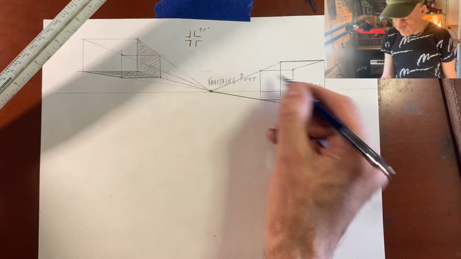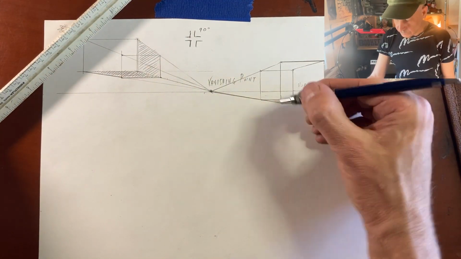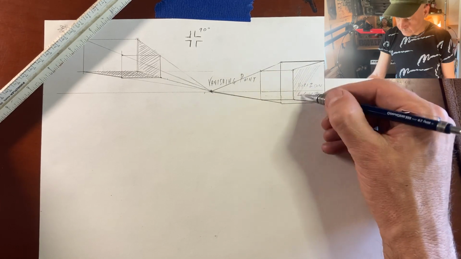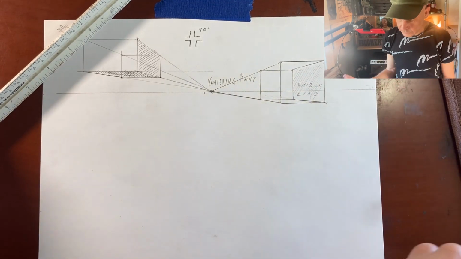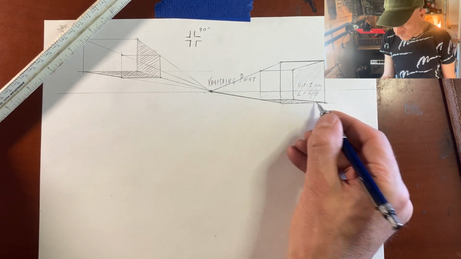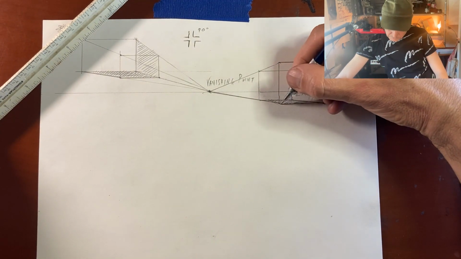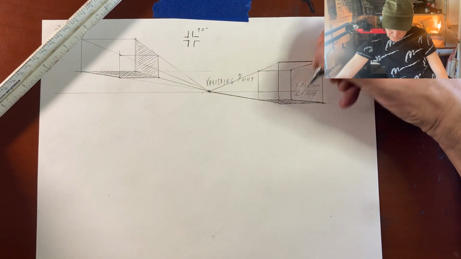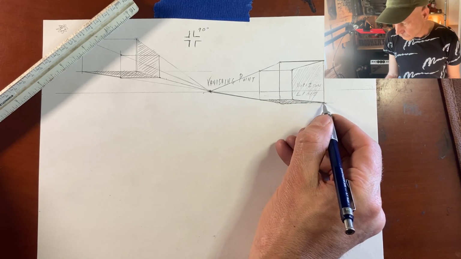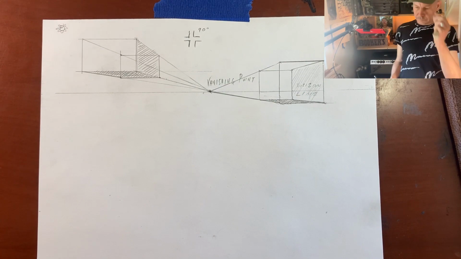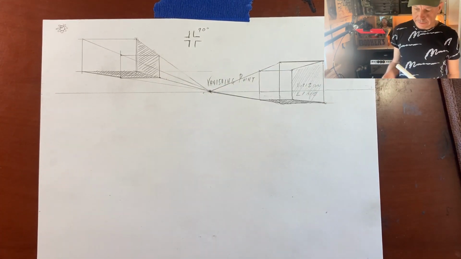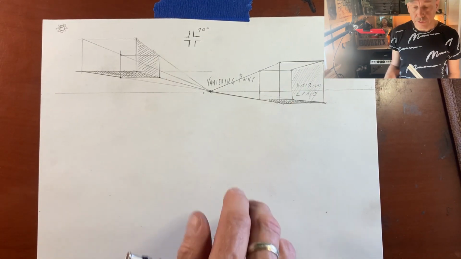All right, so now this box is transparent also. I can do some hatch lines. Okay. All right, and let's do one more.